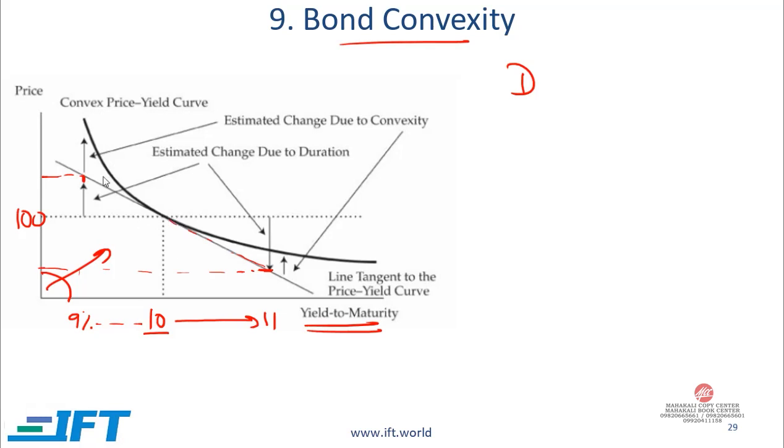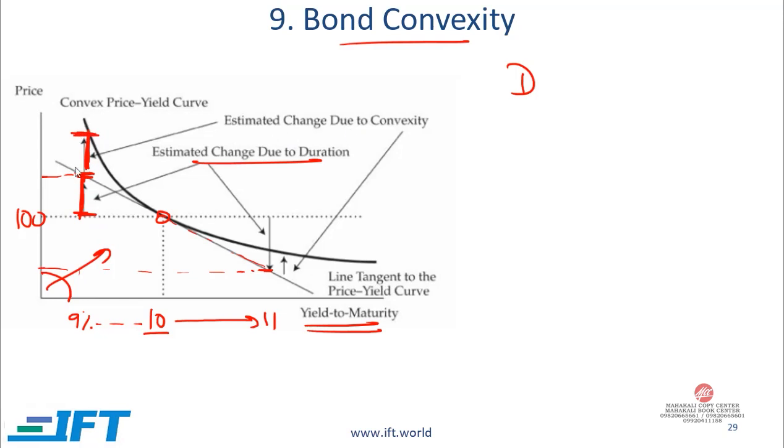Clearly, when we want to estimate the change in bond price for a change in YTM, there is a component related to duration, and then there is also a component related to convexity. Let's go from 10% to 9%. This distance from here to here is the estimated change due to duration, and this distance from here to here is the estimated change due to convexity.